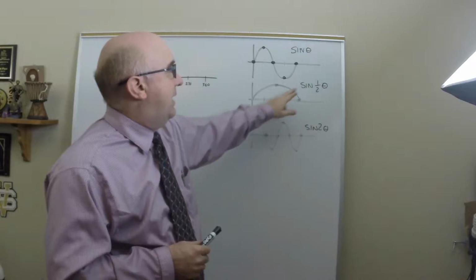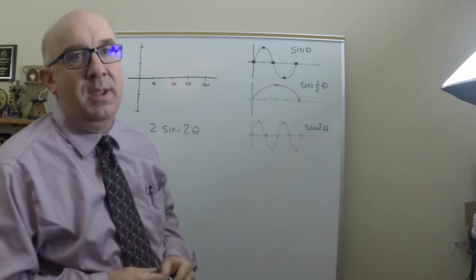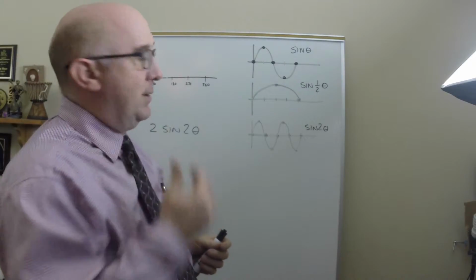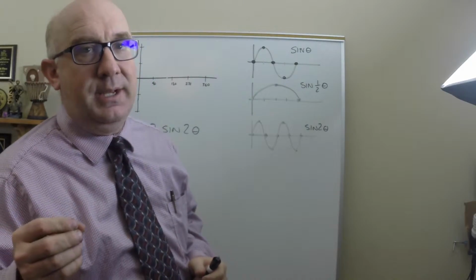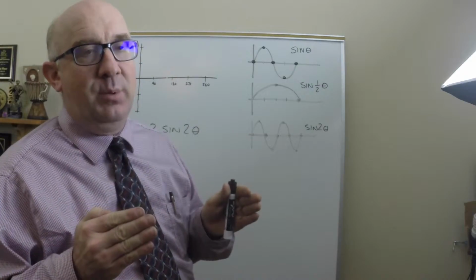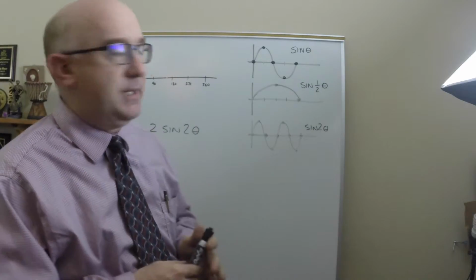Well, let me take a look at sine of 1/2 of theta. Again, the way I suggest you remember how this works is that when it says 1/2 of theta, you see 1/2 of the normal period in 360.